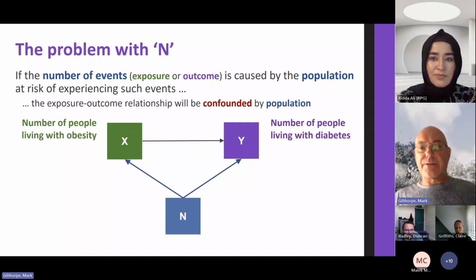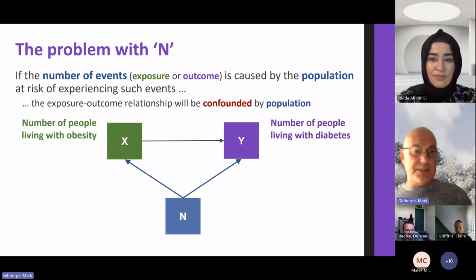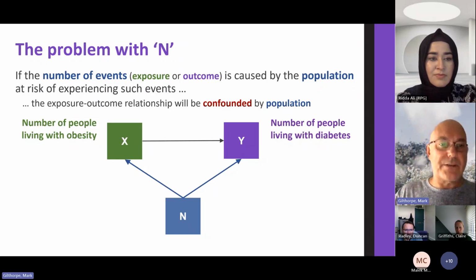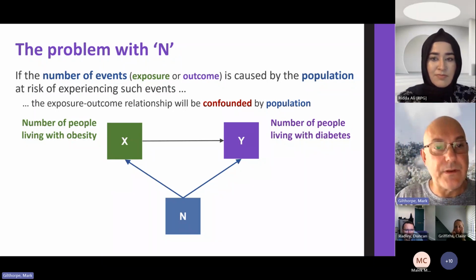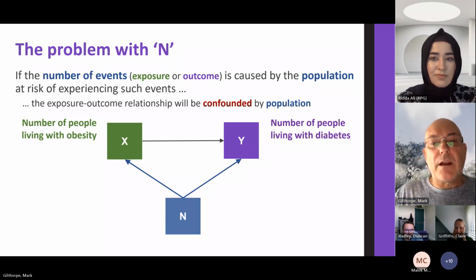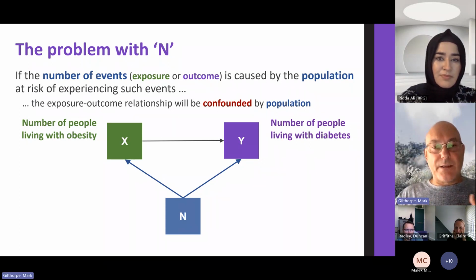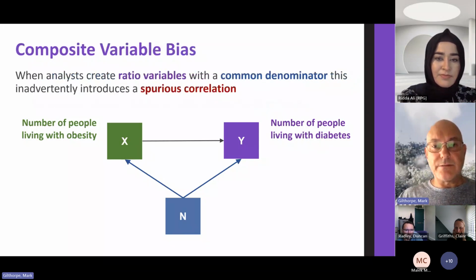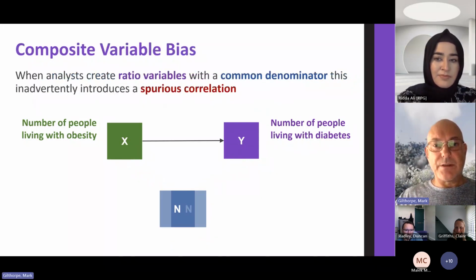So if we ask the question, are people with diabetes at increased risk of diabetes because they have obesity, the confounding factor when you analyze this at a clustered or ecological level is the common denominator of population.